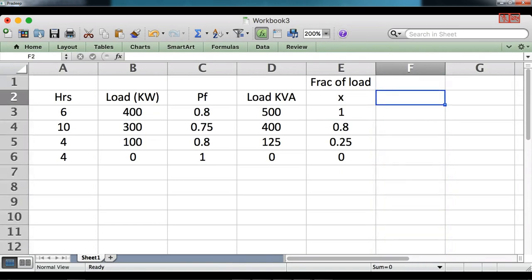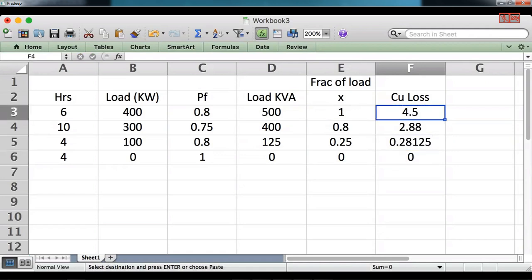So first I have to find out the copper loss. So copper loss will be nothing but x square multiplied by 4.5 kilowatts. So 4.5 kilowatts like this. This is in kilowatts.